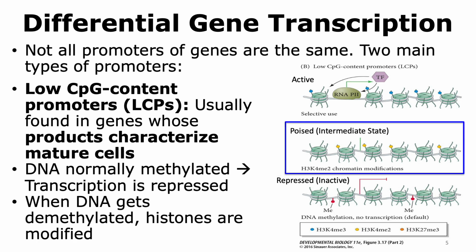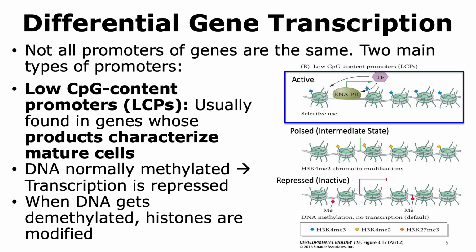However, if the methyl group is removed from the DNA, this demethylation results in modification of the histones. And these modifications then ultimately result in the DNA becoming more accessible, and thus we can now have the activation of transcription of genes that are under the control of the low CpG content promoters, because RNA polymerase II is now accessible to the promoter.